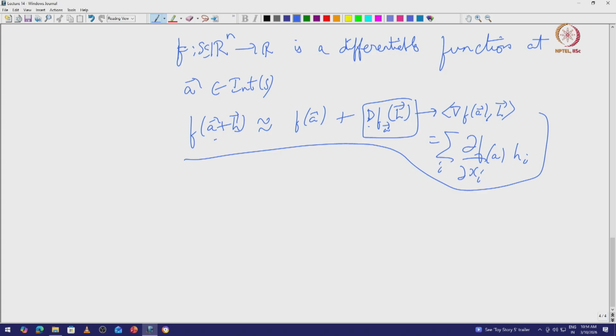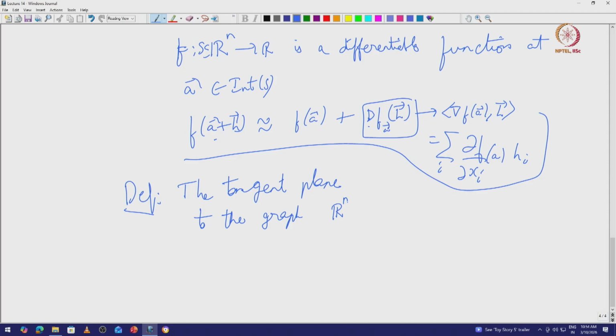So taking a cue from this, we define the tangent plane to the graph of the function. That is, what is the graph of a function?